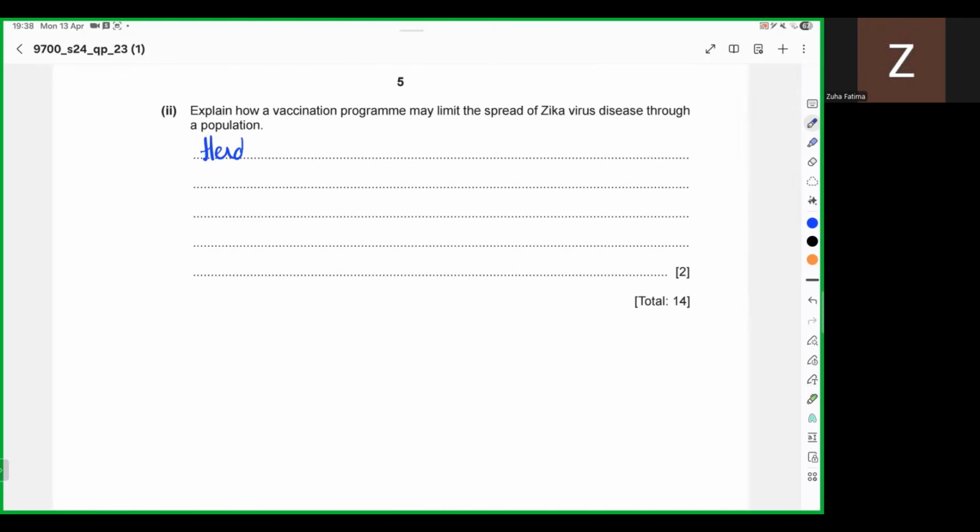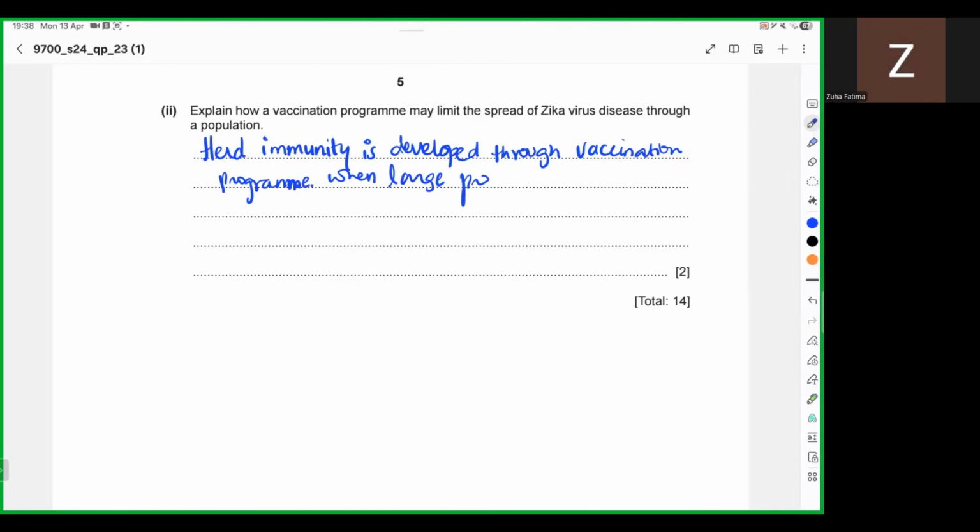Herd immunity is developed through a vaccination program when a large proportion of the population is vaccinated.